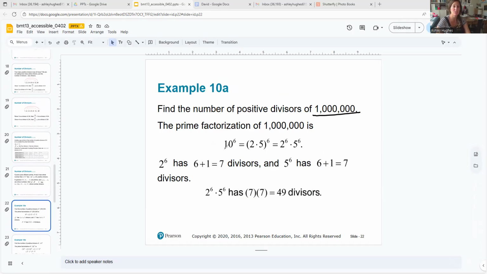And 10 to the 6th, well, 10 is just 2 times 5. And these are both prime numbers. So I know that the prime factorization of this would be 2 to the 6th times 5 to the 6th. Because in the theorem on the previous slide, you can add 1 to each of these exponents. Okay, so that's 7 and 7. And then you multiply those together, and that gives you the total number of divisors.